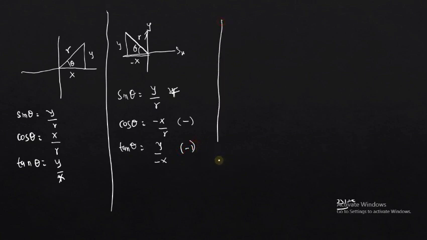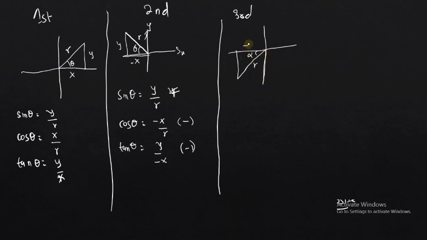Now let's look at what happened in the third quadrant, when we have an angle in the third quadrant. Let me name this one alpha. This will be our R. This will be our x, but it's in the negative x-axis, so it's negative x. This will be our y, but it's in the negative y-axis, so it will be negative y.